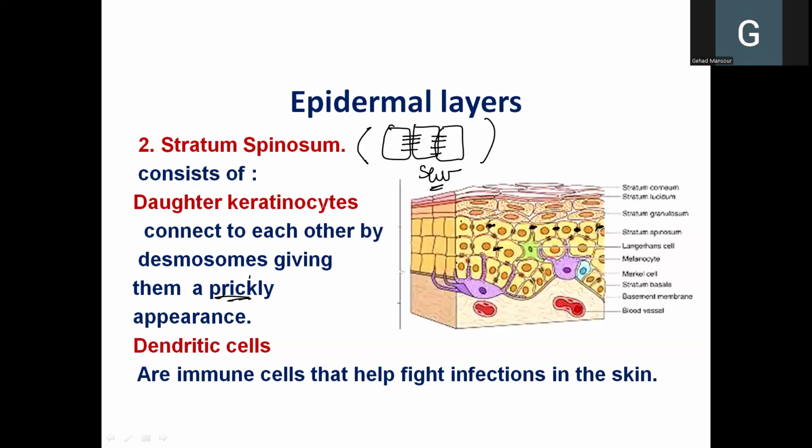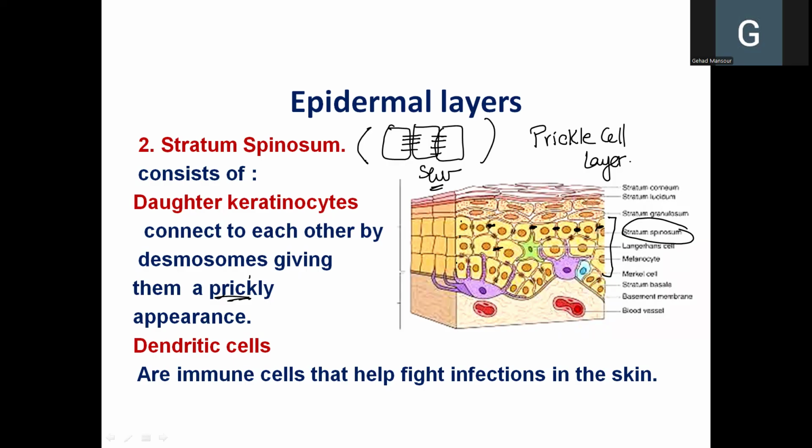So the informal name is prickle cell layer, and the formal name is the stratum spinosum. This whole thickness, 5 layers or a little more or less, is the stratum spinosum.